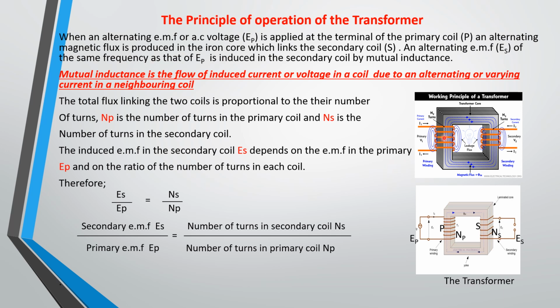Now, the working principle of this device is that when an alternating current, or an alternating voltage, is applied at this primary terminal, it produces an alternating magnetic flux in this soft iron core, which links the secondary core.